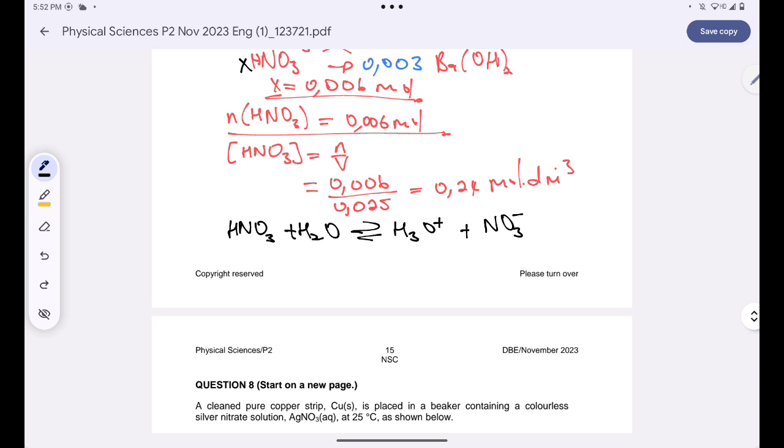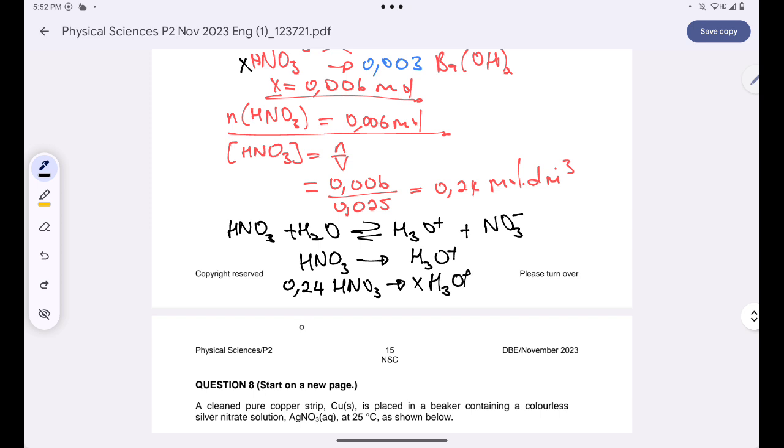Which simply means that one nitric acid will always give me one H3O+. Since my concentration is just 0.24 of nitric acid, I want to know how much of the hydronium ions I will form.